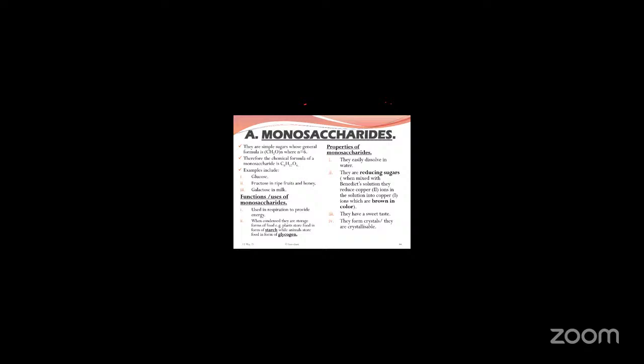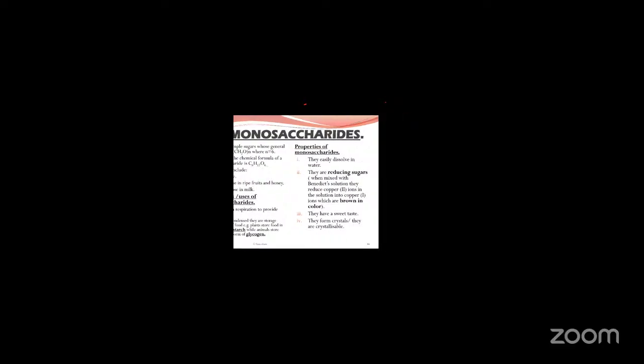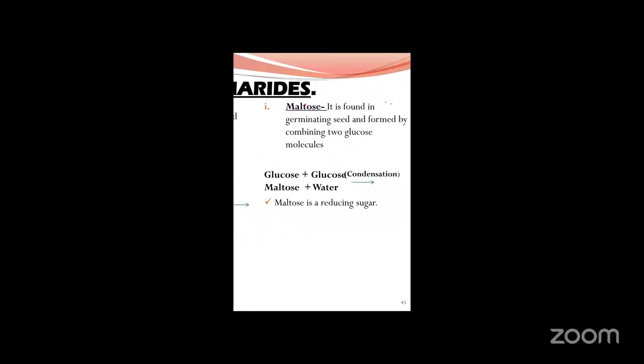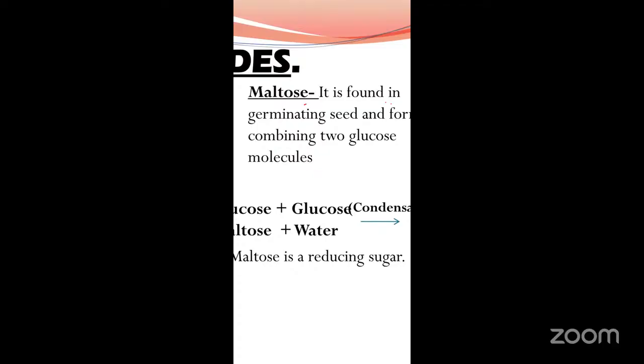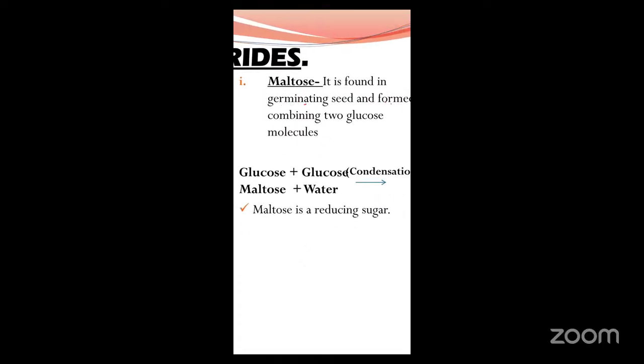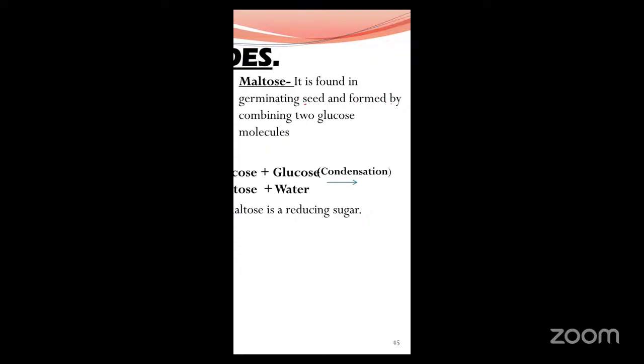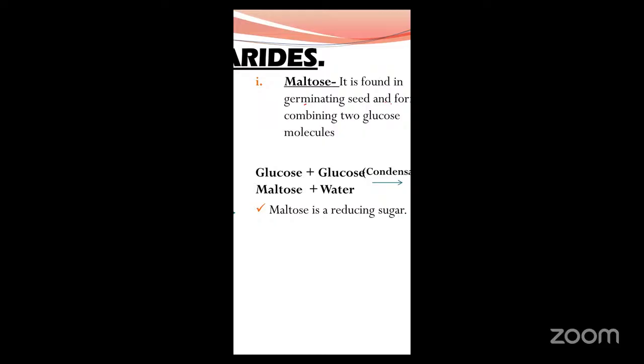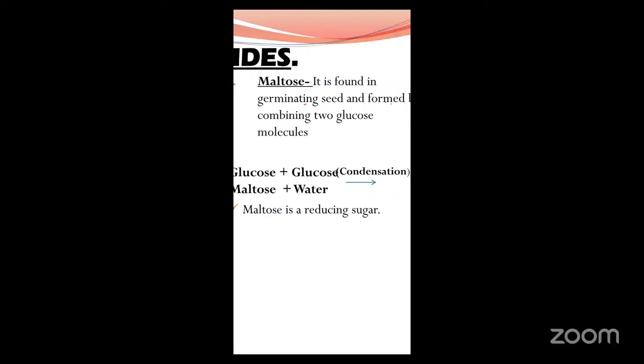So when you combine one molecule of glucose with another, you form maltose, through the process known as condensation. Which are the products formed? Maltose and water.